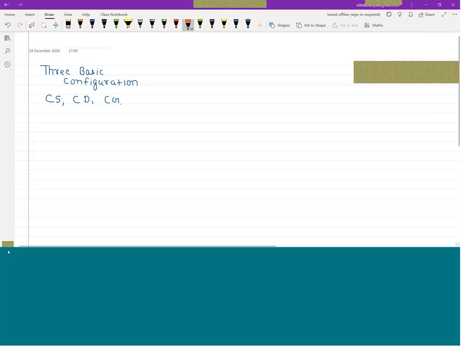Common source you can draw like this. This is Vs, then we have V output.